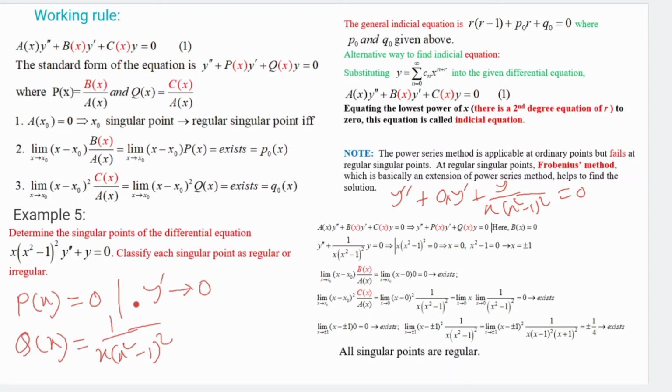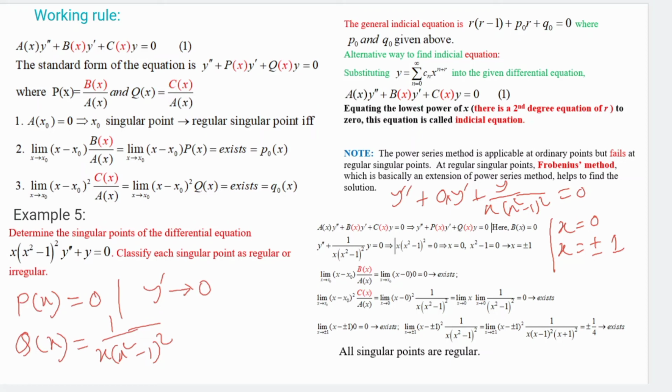So if p of x is 0, when we multiply by the singular factor, it becomes 0. Now first we consider what our singular points are. Here x equals 0 is also a singular point, and x equals plus minus 1 are also singular points.